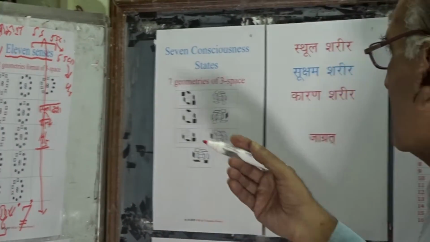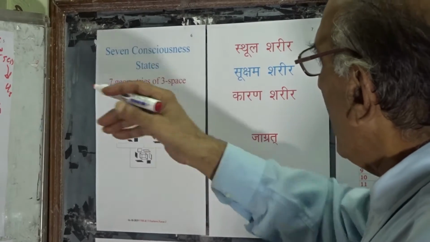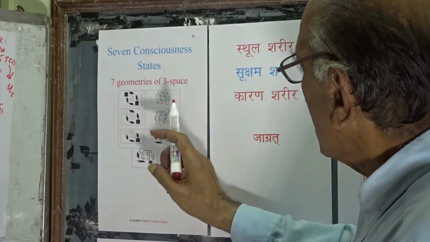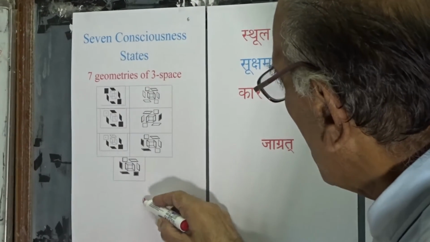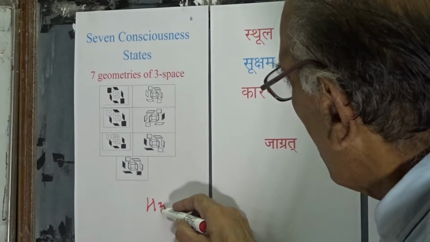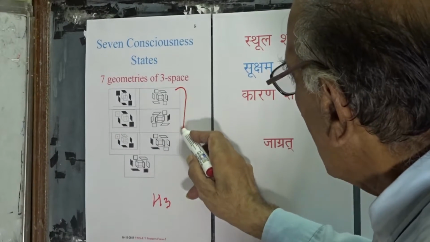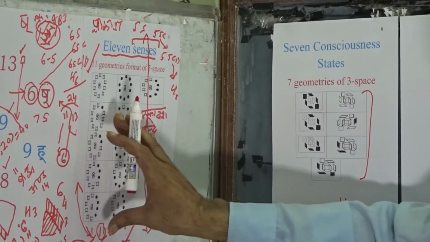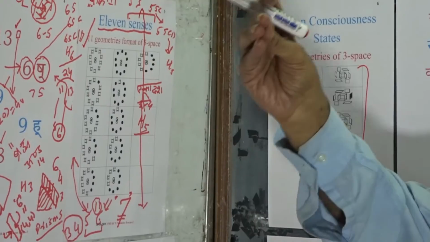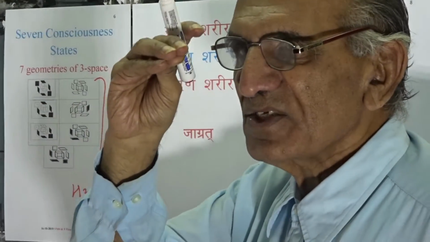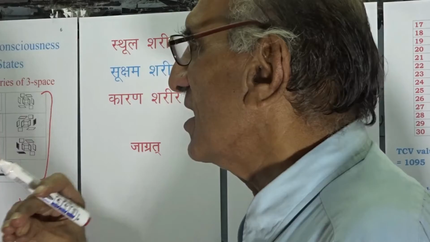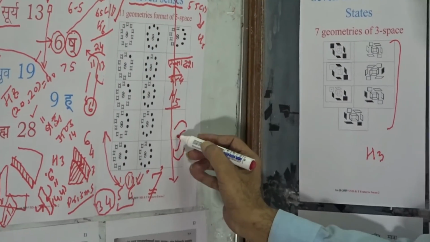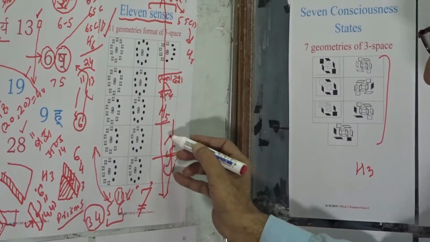For these consciousness states, we have to revisit the 7 geometries of 3 space with 7 versions of hypercube 3 as the representative regular bodies of 3 space. Therefore, from the senses format, when we have to reach the 7 consciousness states, we have to reach the solid dimensional order of the transcendental domain.